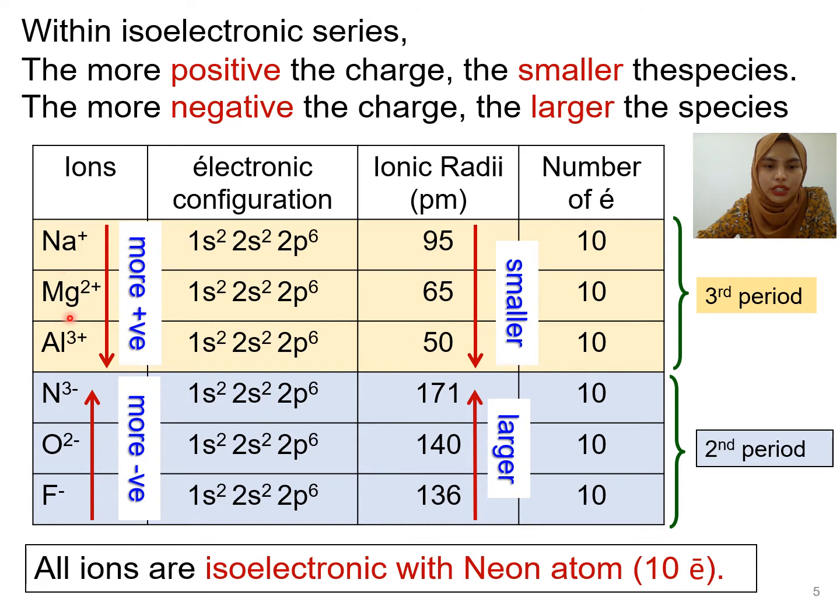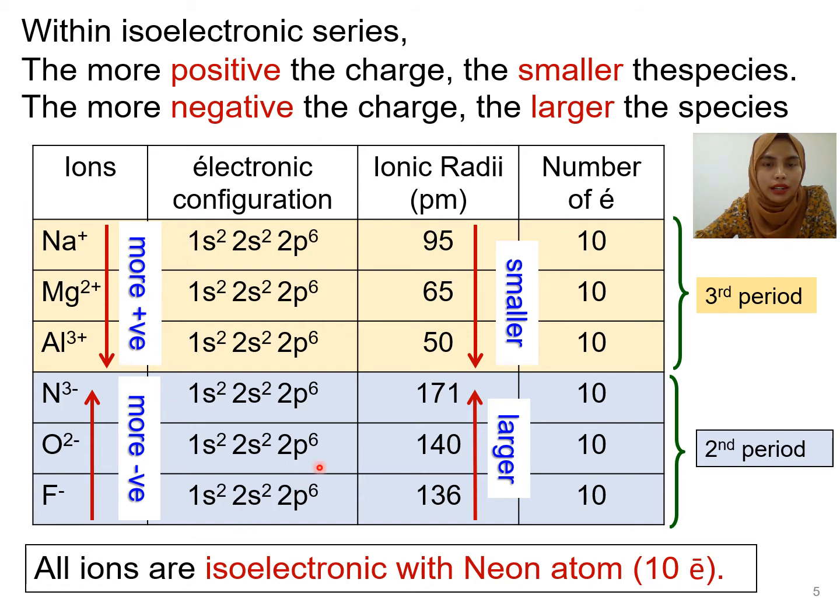regardless dia positif ke negatif ke, berapalah charge dia, 2 positif ke 3 positif ke atau 3 negative, 2 negative, 1 negative, regardless of diorang punya charge, they are ions. Kan? Cation ke, anion ke, they are still ions. Right? So that's why bila diorang jadi ions, they have the same electronic configuration.